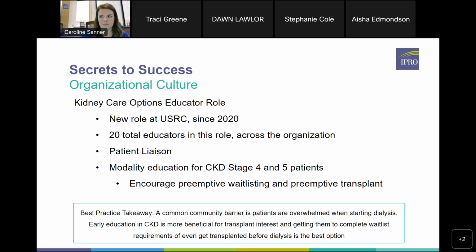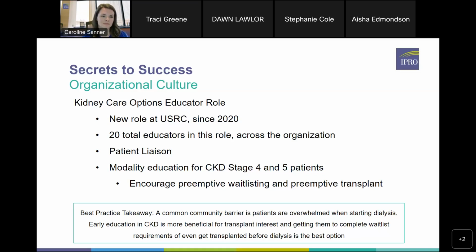And this is a new role for U.S. Renal Care, and I was fortunate enough to be one of the first KCO educators. In the last couple of years, it's proven to be very, very successful, as currently 58% of the patients that are educated by a KCO educator at US Renal end up on home modalities, which is just a wonderful number to be working with for home also.